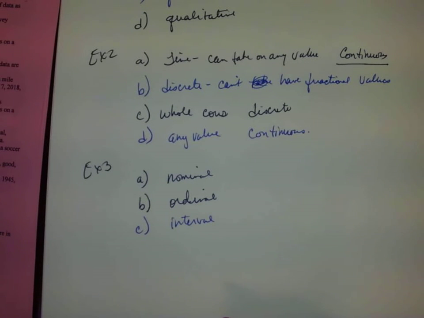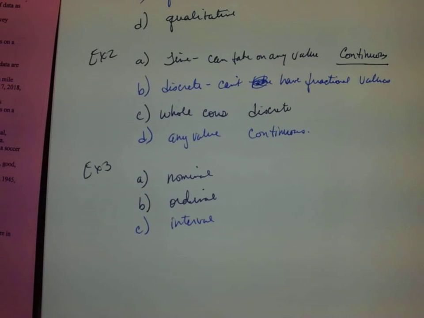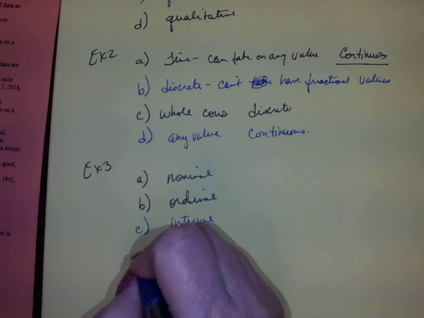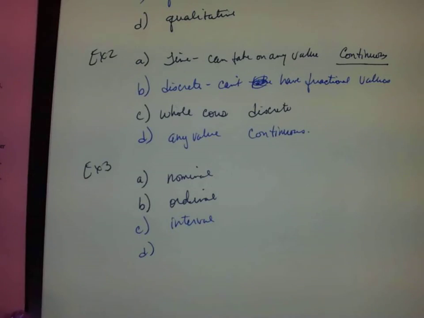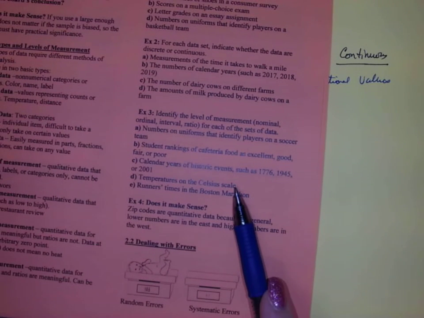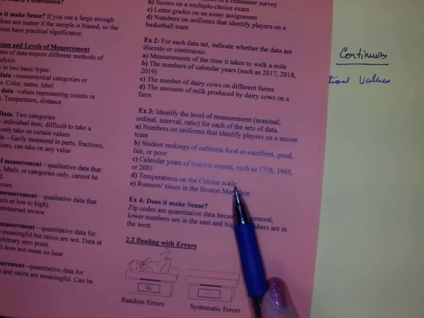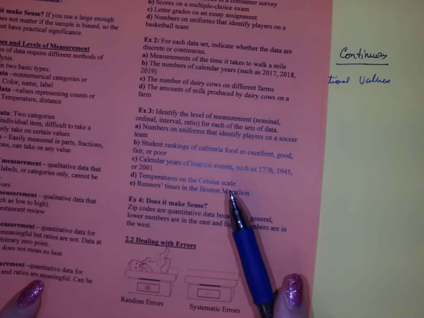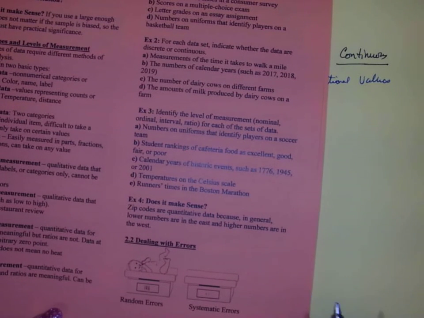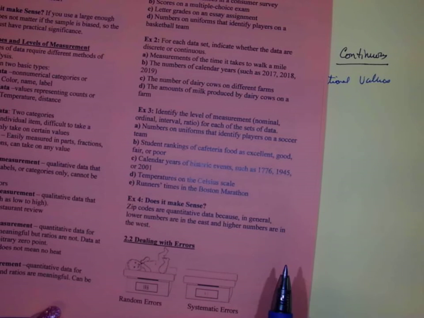All right, part D, the temperatures on the Celsius scale. And it wouldn't matter if we were talking about the temperatures on the Fahrenheit scale. The answer is still going to be the same. So just like those Fahrenheit temperatures, Celsius are at an interval level of measurement. 0 degrees Celsius, which is the freezing point of water, is 32 degrees in Fahrenheit.